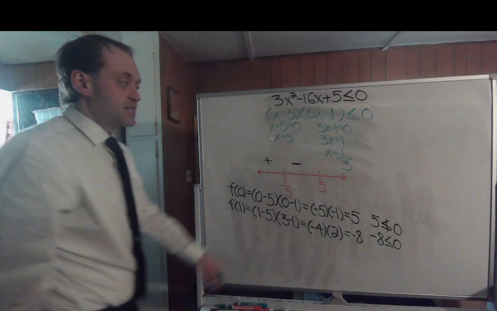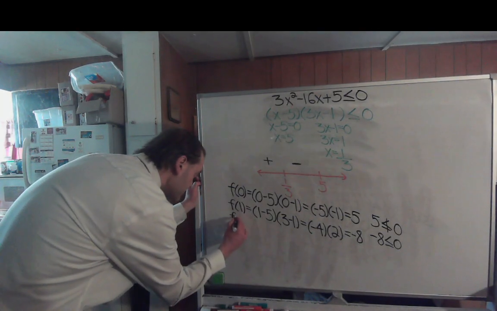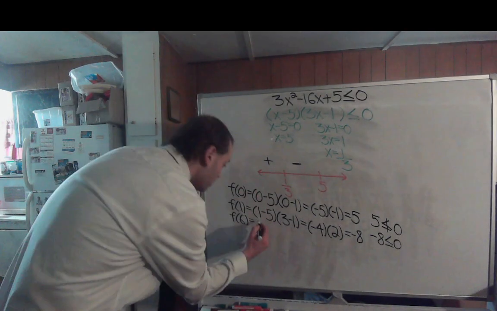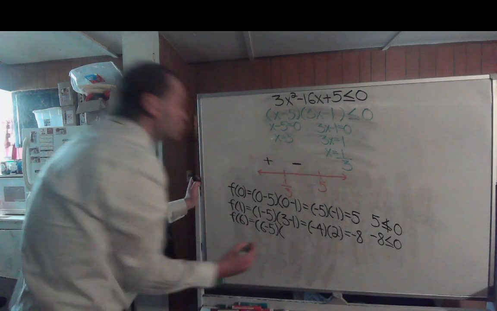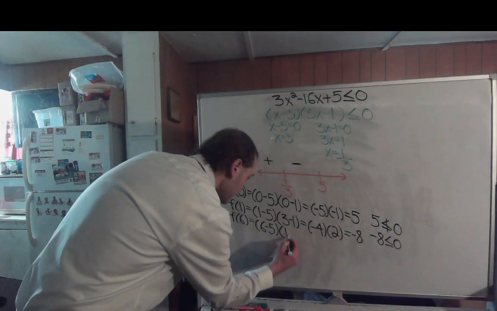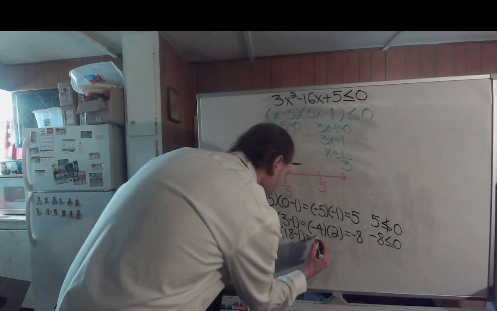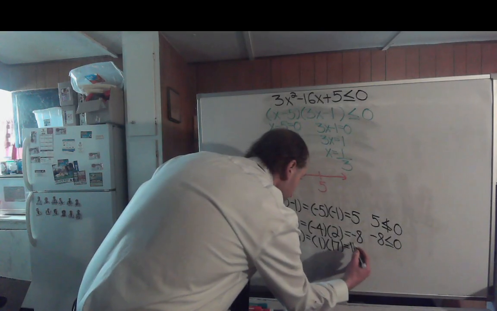Now, of course, we've got to test the interval from 5 to infinity. So let's put in f of 6. F of 6 is going to equal the quantity of 6 minus 5 times the quantity, what's 3 times 6? That'd be 18, minus 1. So this would turn into 1 times 17, which would give you 17.